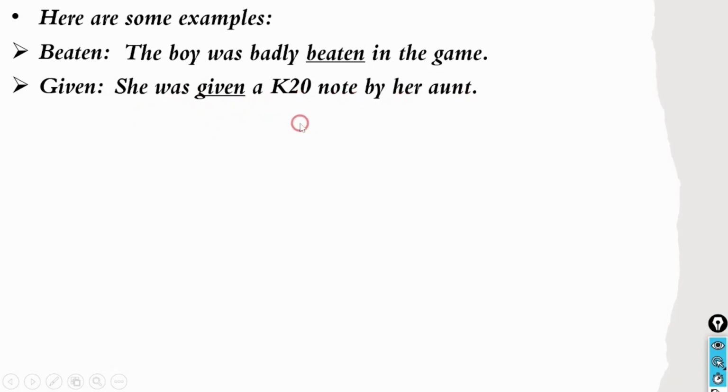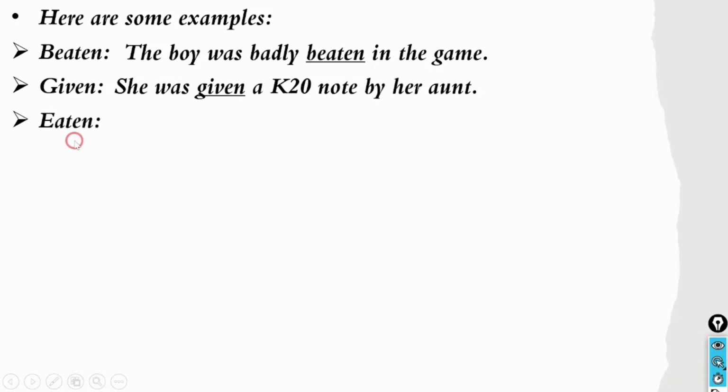This would be wrong, even when we know we are trying to express an event that has already happened, because the word "give" is an irregular verb. It does not allow us to add ed to express it in the past. So we add en. This is an example of an en form of a verb.